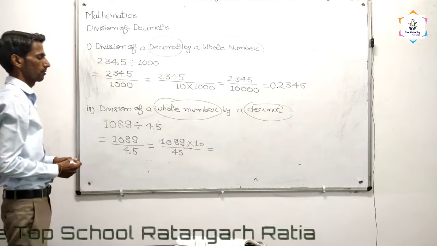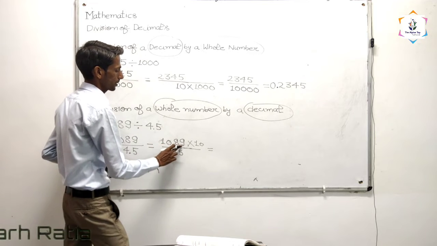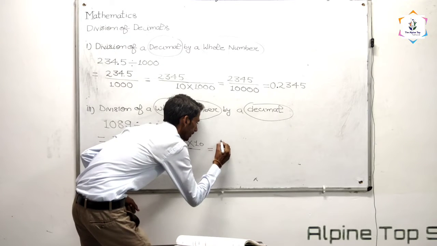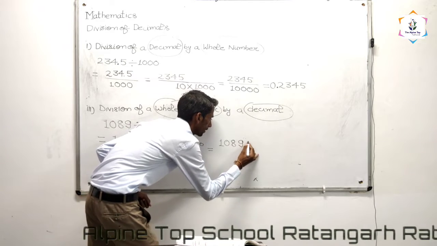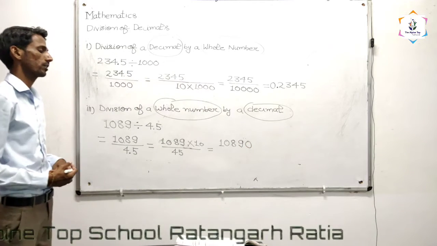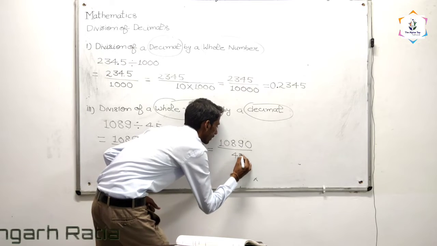Obviously students, now what we have to do, just when we multiply 1089 with 10, what we shall get? 10,890. Downward 45 is there.